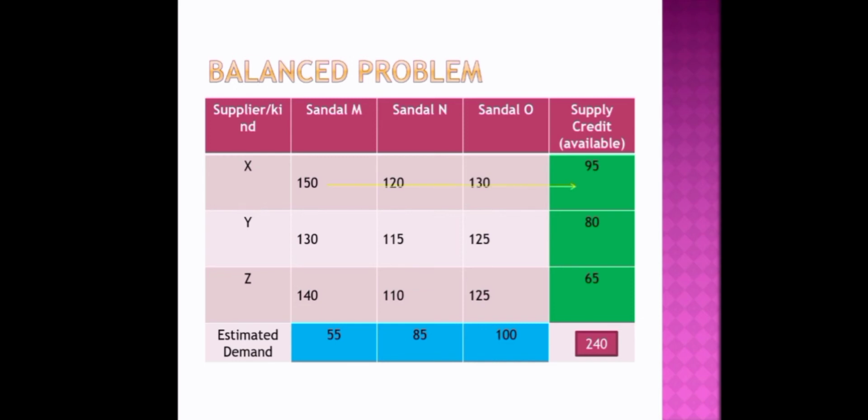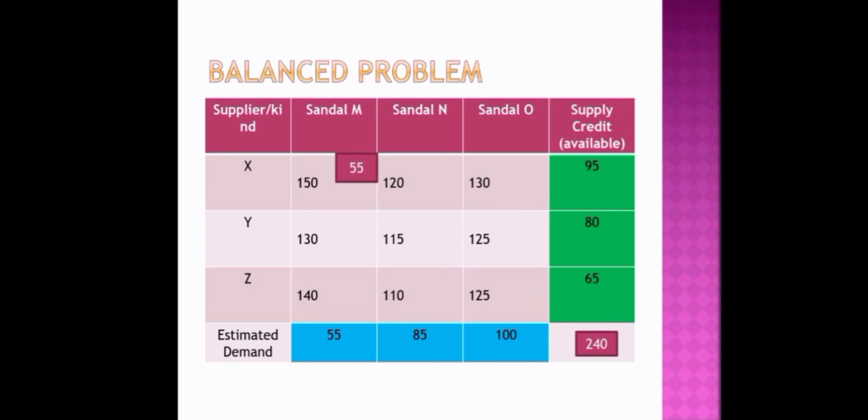This is the area of the supply credit available and this area is the area of the estimated demand. The minimum of the supply available and demand required is 55, which is the estimated demand. We will put 55 here.